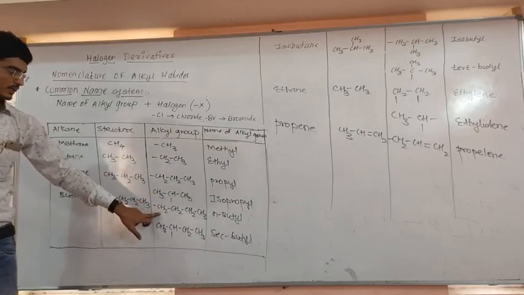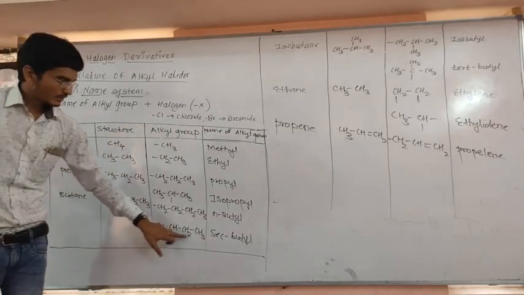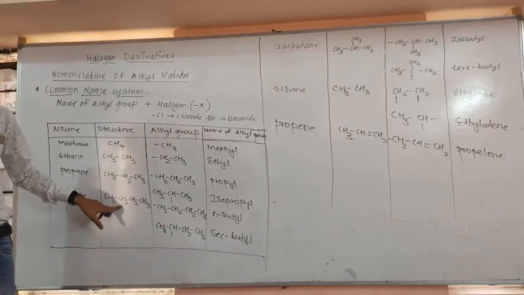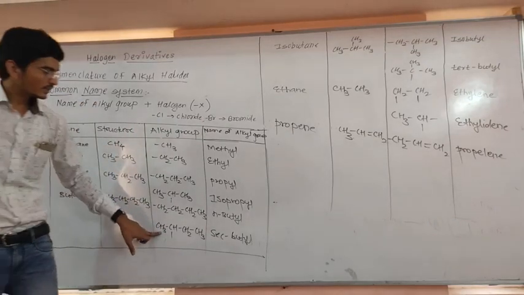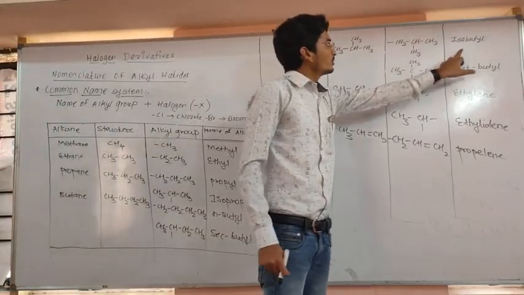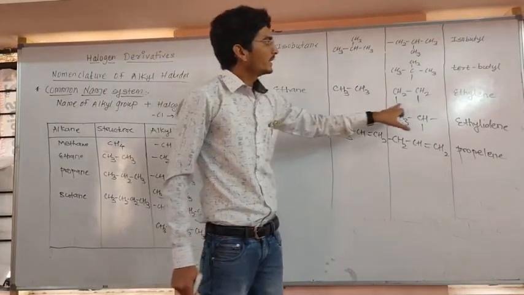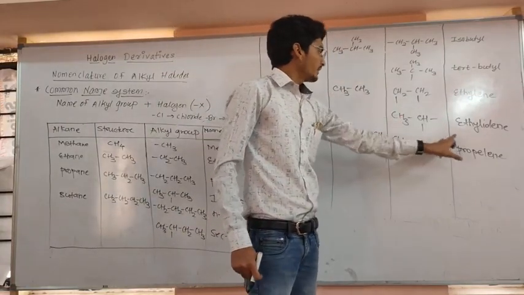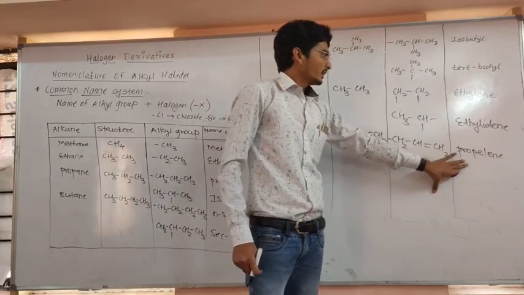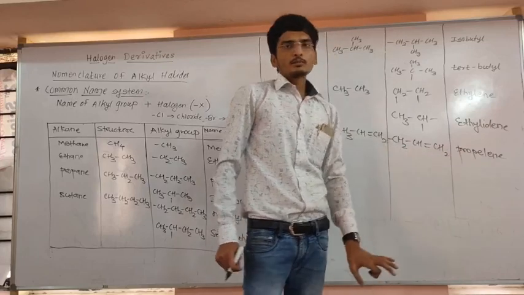N-butyl is from butane, and if the second hydrogen is removed from the butyl chain, it is sec-butyl. From isobutane you get isobutyl. Next is tert-butyl. Again from ethane you get the ethylene group as well as the ethylidene group, and from propene you get the allyl group, sometimes called the propylene group.